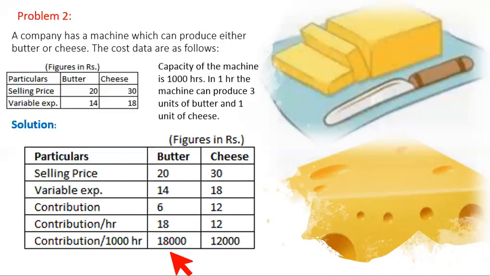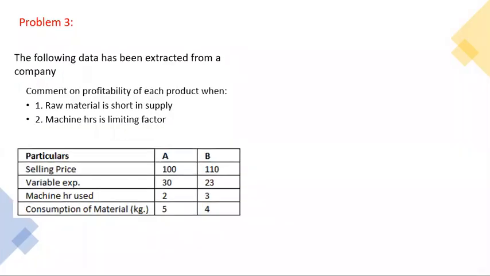Let's solve another problem. The following data has been extracted from a company. Comment on the profitability of each product when raw material is short in supply and when machine hours are limited. So here are the data.